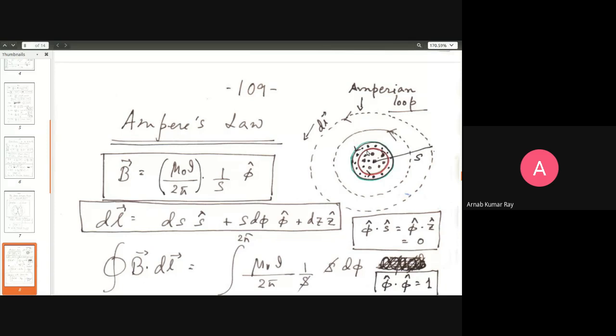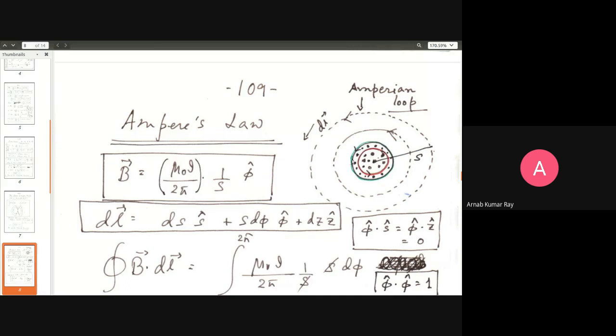And so this green circle being the circumference of the wire, if your Amperian loop is outside, then it will enclose all the current within the wire. If your Amperian loop coincides with the green circle, from this green circle outwards, you are enclosing the entire current in the wire.